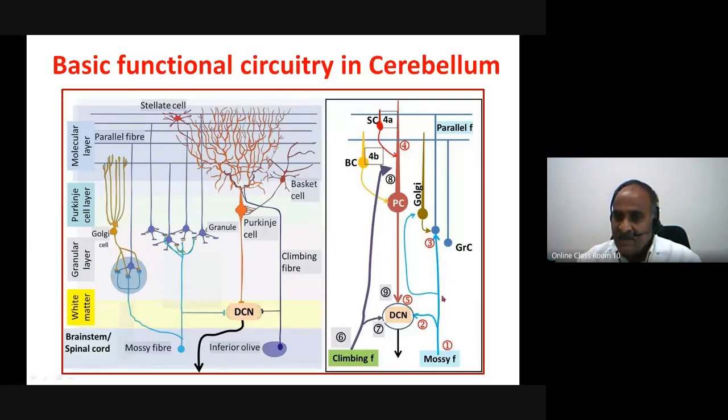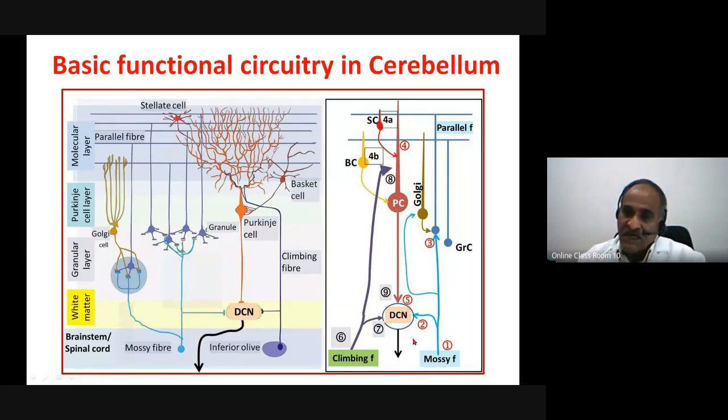At the same time, this mossy fiber makes a synaptic contact with the granular cells, and these granular cells provide the parallel fibers. They will excite these dendritic arborizations of the Purkinje cells, and that Purkinje cell in turn inhibits the deep cerebellar activity. This begins here, and here it stops. So there is no overshoot. That is a dampening circuit.